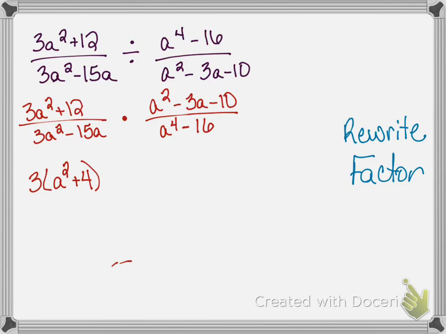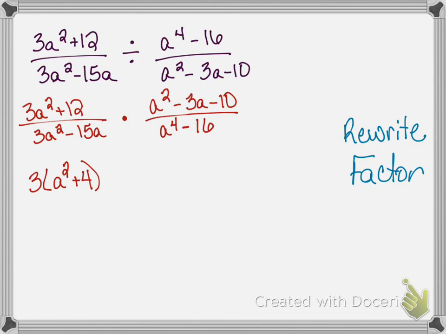Is that difference of perfect squares? I've got one yes and I've got one no. What do I have to have for that to be the difference of perfect squares? A negative. It's got to be subtraction. For it to be difference of perfect squares, it's got to be a squared minus 4.